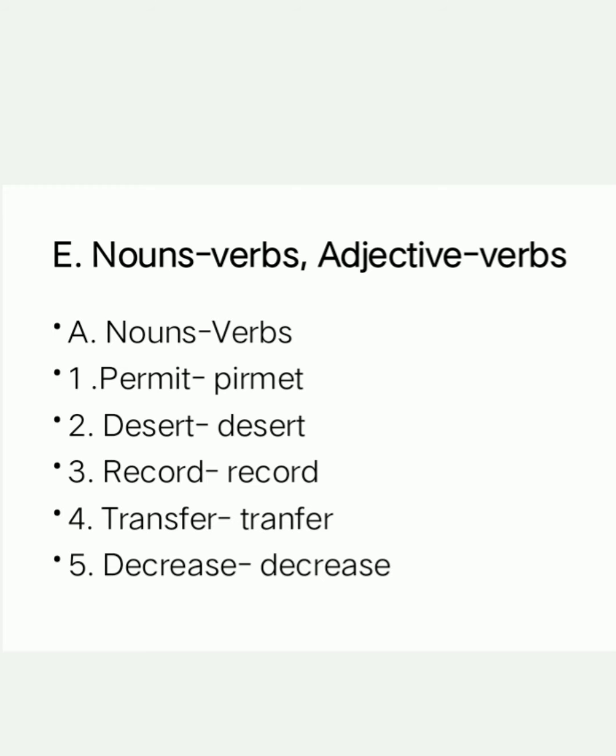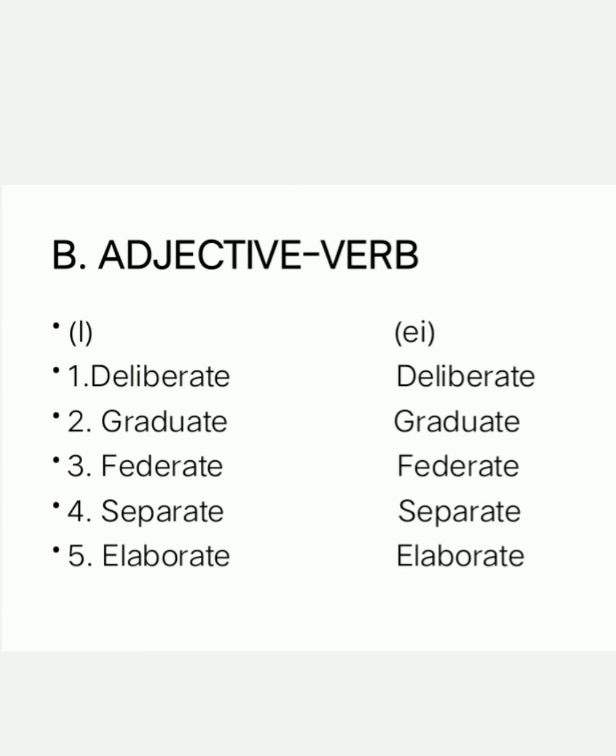This is the example of noun and verbs: permit, desert, record, transfer, decrease. And this is the example of adjective and verb: deliberate, graduate, federate, separate, elaborate.